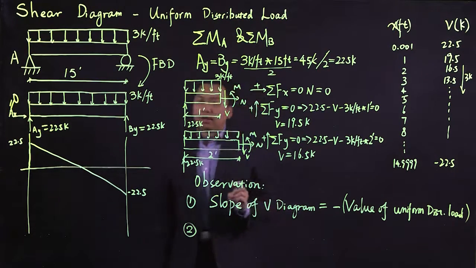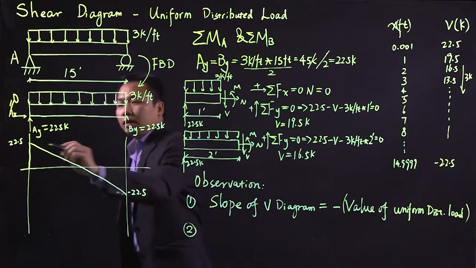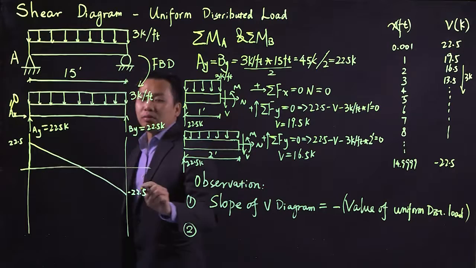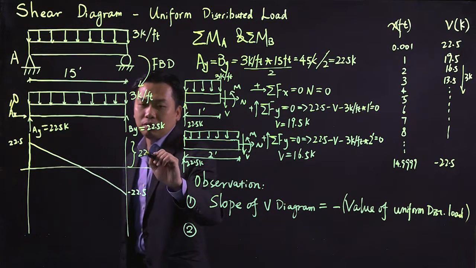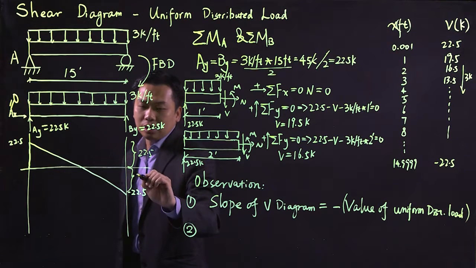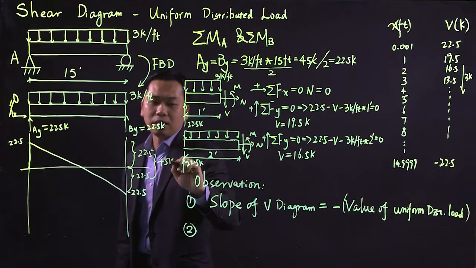If you look at this shear diagram, the shear drop from point A to point B is this portion, 22.5, and this portion, 22.5. If you add those up, it's going to be 45 kips.